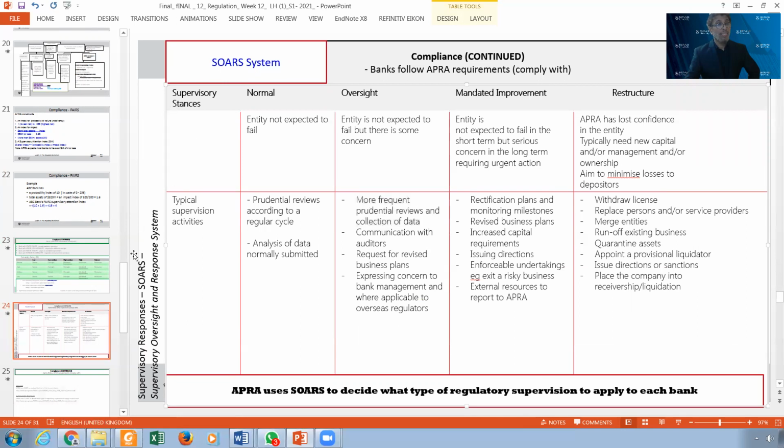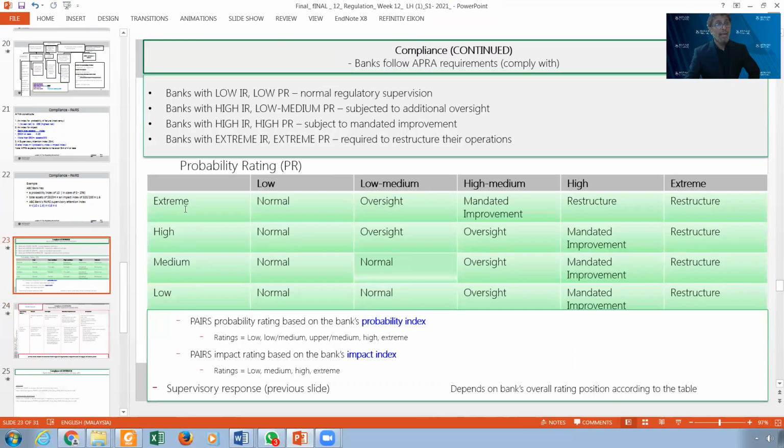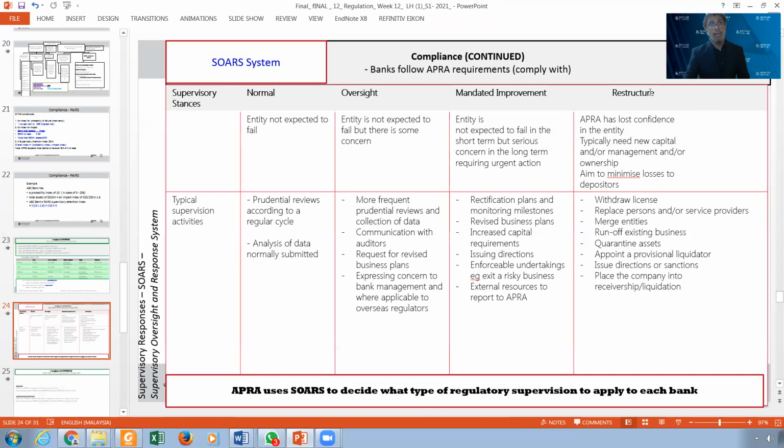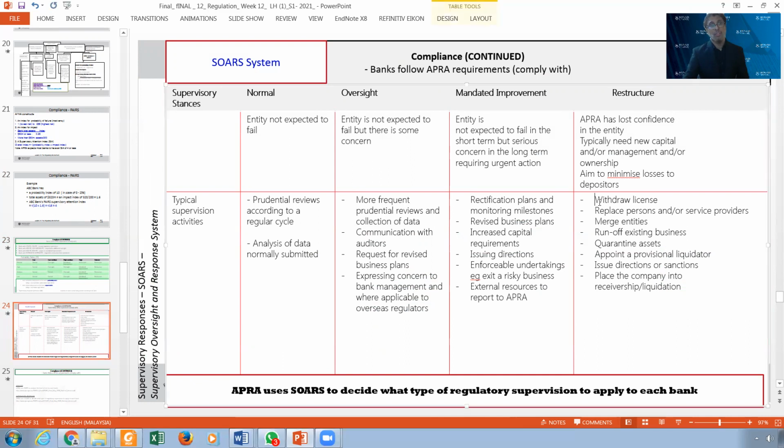For example, if somebody is really high, extreme, and here extreme, restructure. See, if you are very big size and your risk is high, they stop you immediately. So this is what we call restructure. So EBRA has lost confidence in the bank, and then they will withdraw the license and do all of those issues to stop the bank from damaging the system.